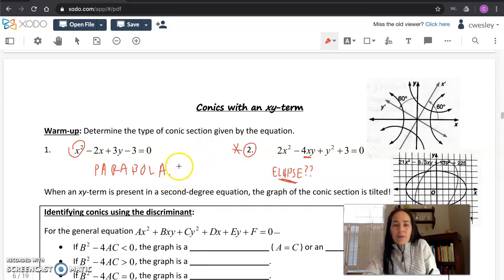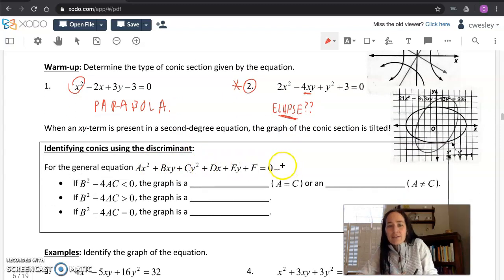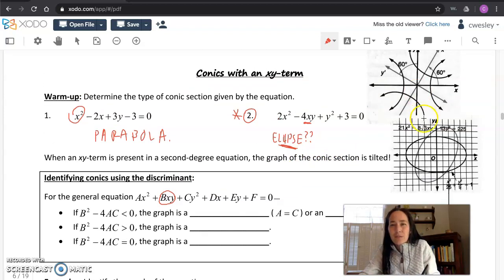We've been talking about a general form. I'm going to scroll this down. We've been talking about a general form that has all this here, but B has always been 0 for us. We've always left it out. Now, it is possible for a conic section to have a B value that's not 0. When B is not 0, what happens to the conic? I have a couple little diagrams from textbooks that I put at the top of the page. The conic gets tilted.